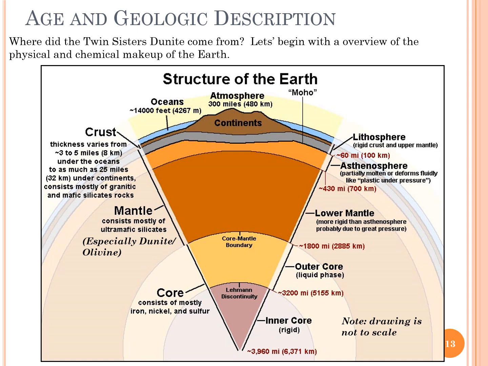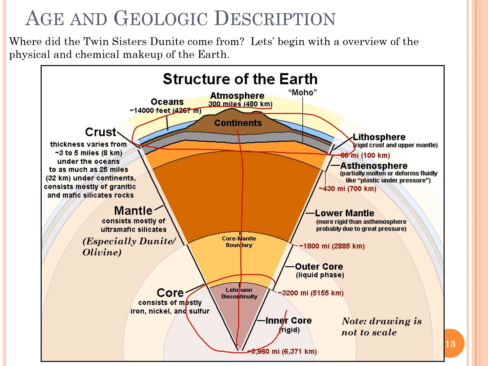So as we step back and take a look at how Dunite actually forms, let's begin with a simplified map of the structure of the Earth. Here I've done a standard pie diagram, oftentimes used in geology as a cross-section of the overall Earth, giving you a view all the way from the very top where the continents and oceanic crust are located, all the way down to the core.